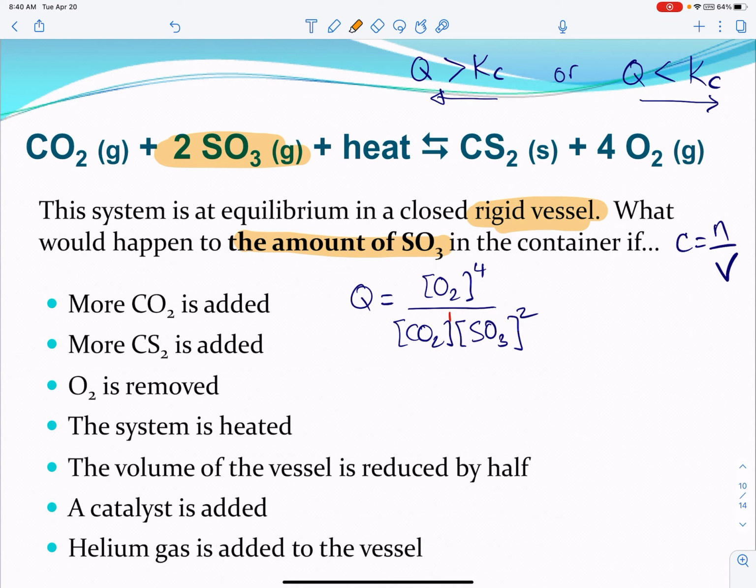So adding helium, an extra gas, doesn't change Q. Of course, it doesn't change the temperature, so Kc is also unaffected. So Q and Kc don't change. We've seen this a couple of times. That means Q and Kc are still equal, and that means there's no shift in equilibrium and nothing happens to the amount of SO3.